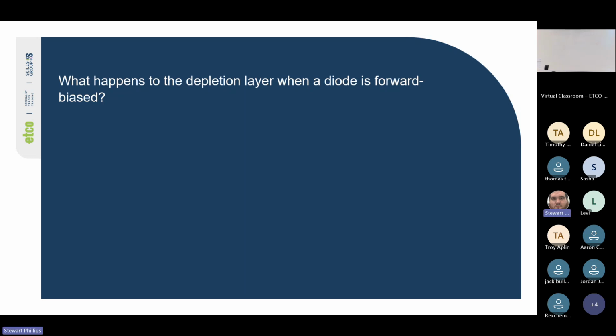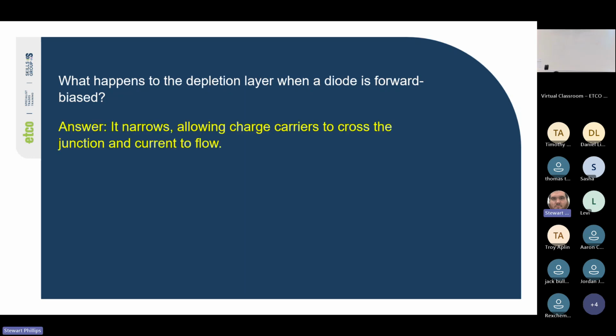So in forward bias, it narrows, allowing charge carriers to cross the junction and current to flow. So if it's in forward bias, we have a narrower depletion range. In reverse bias, it widens.